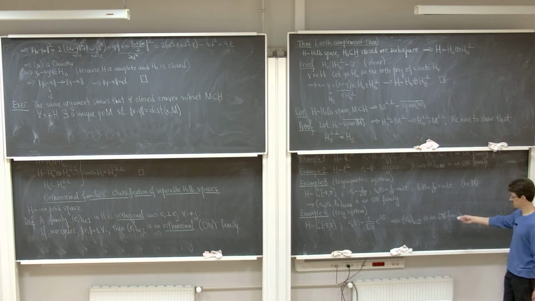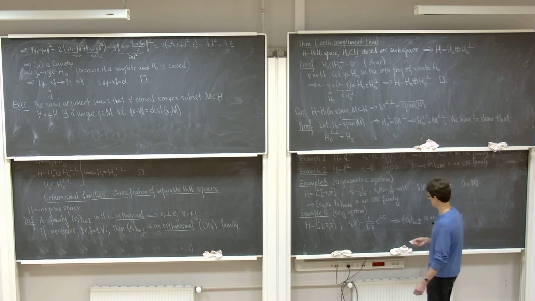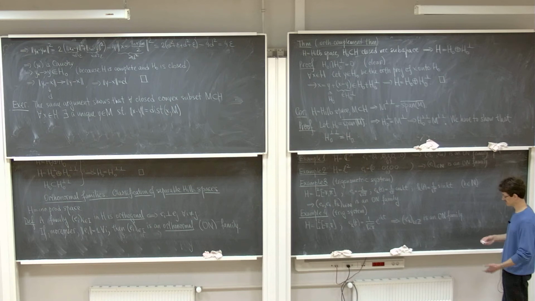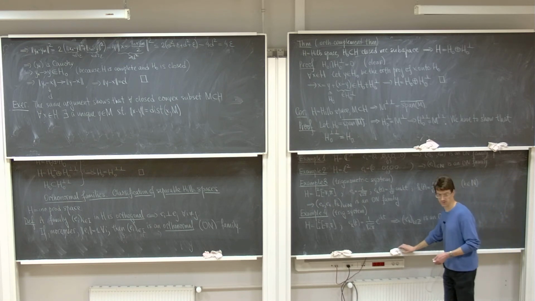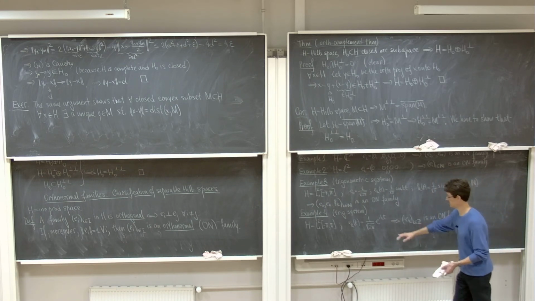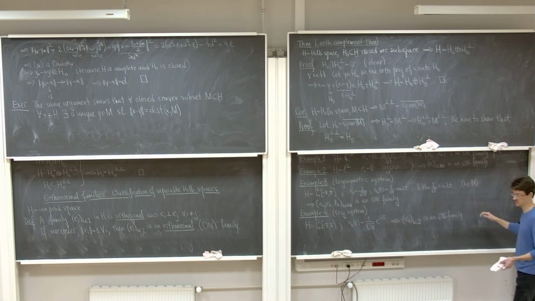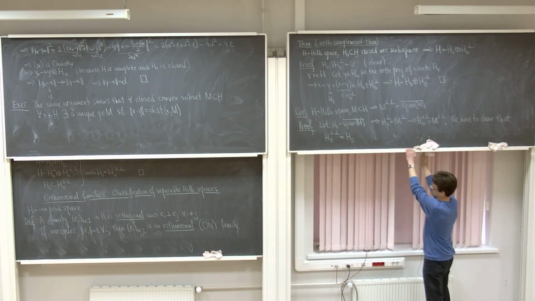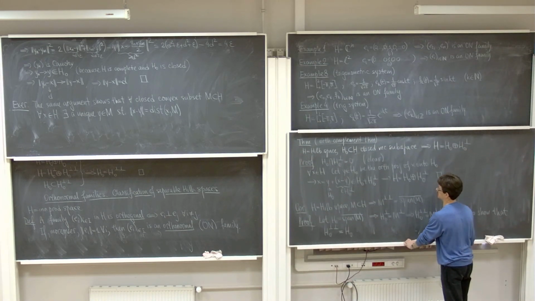Well, formally it is different from the system from example 3, but it's easy to observe that they are related by a simple unitary transformation. Just use the well-known formulas relating the exponent, the sine, and the cosine functions. So this is the reason why this family is also called the trigonometric system.